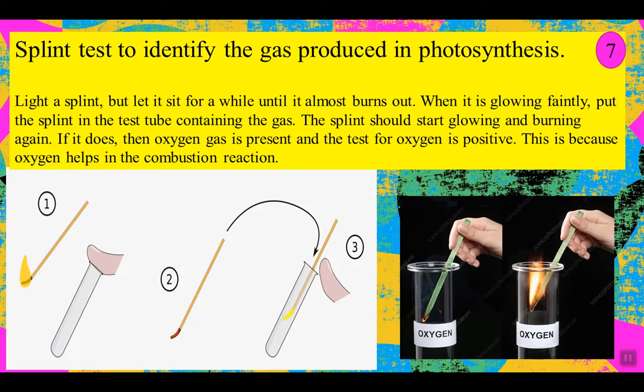The splint should start glowing or it will reignite. If it does, then oxygen gas is present inside the boiling tube and we call it a positive test result. This is because oxygen helps in the combustion process.